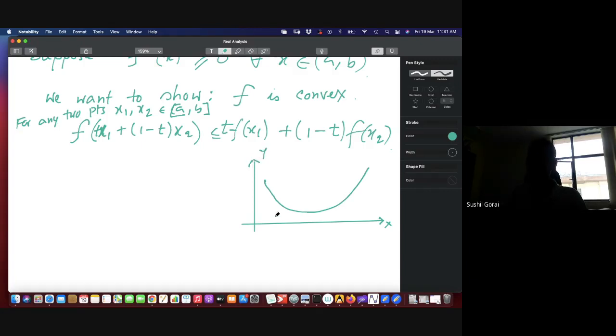Let's say this is A and this is B, x1 and x2. In that interval, we want to define first this function. So what is this function?